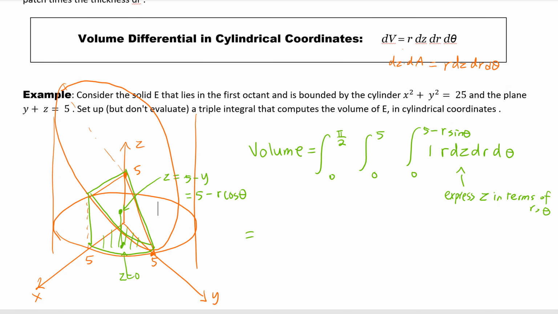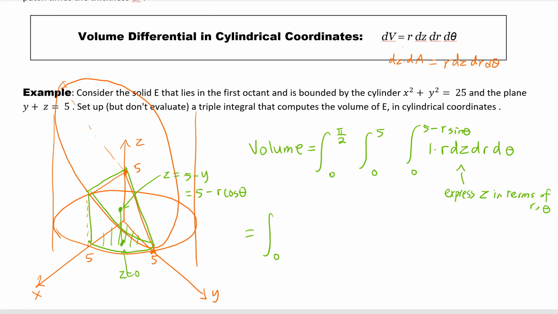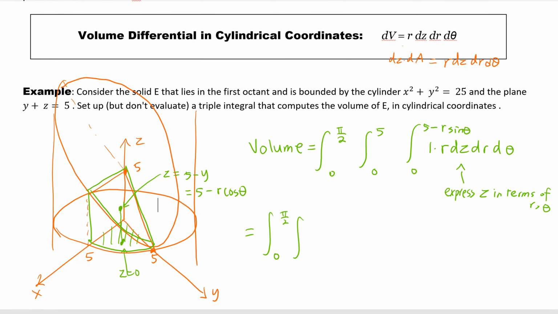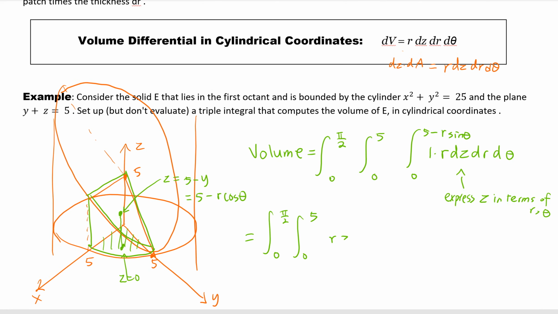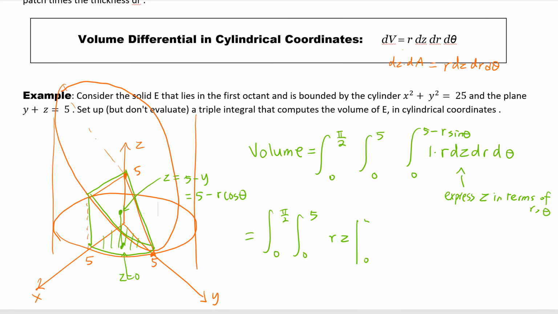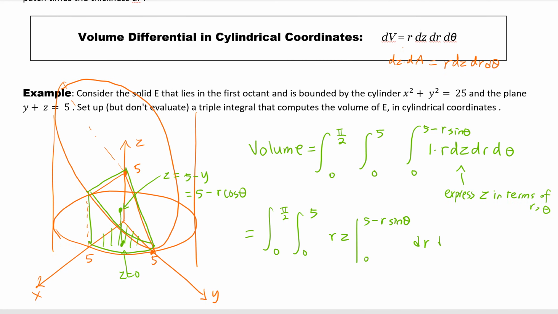Let's do that. So first, the integral of 1 times r, so the integral of r with respect to z is r times z, right? Evaluated from 0 to 5 minus r sine theta, dr d theta.